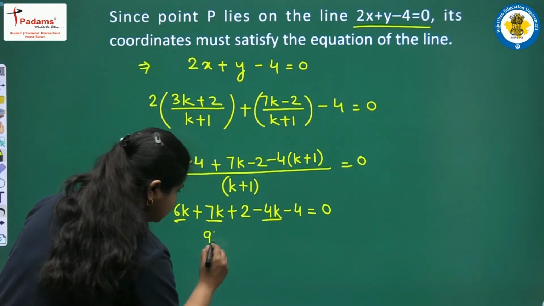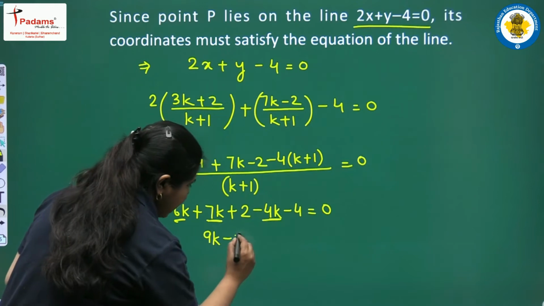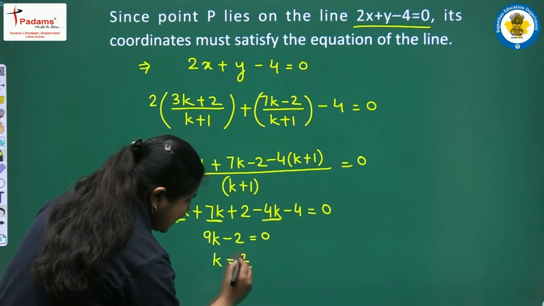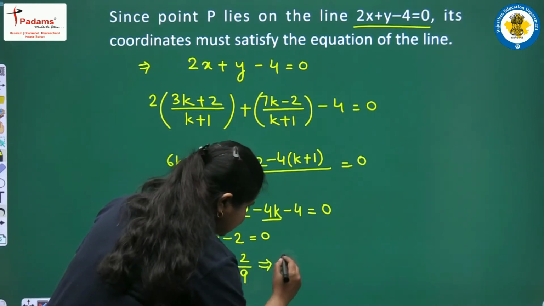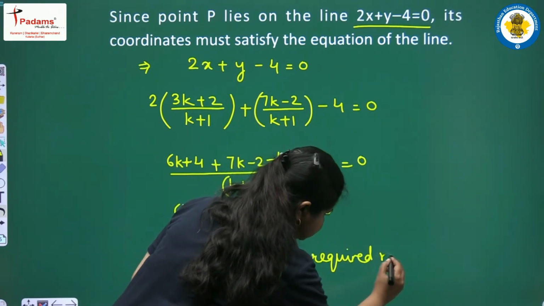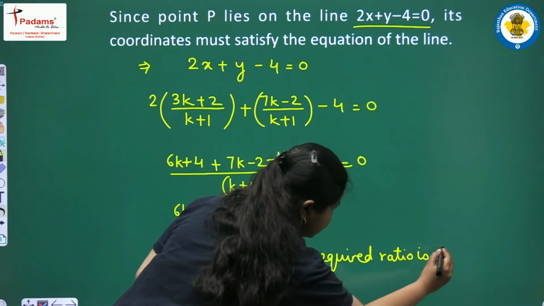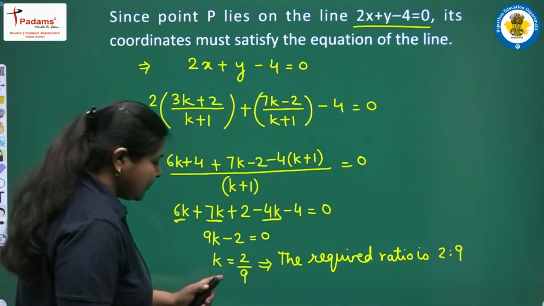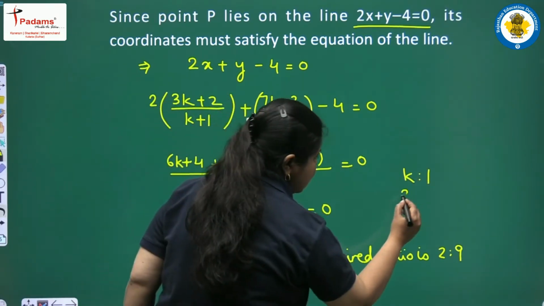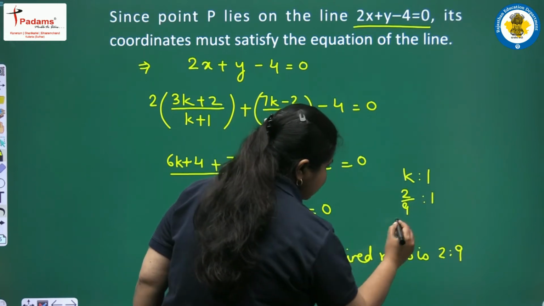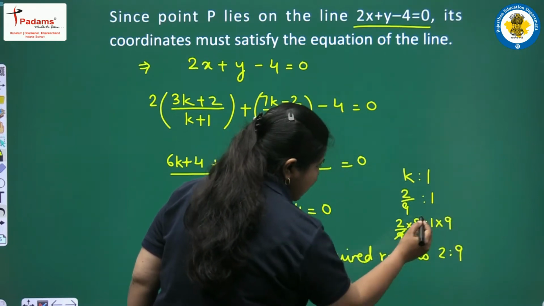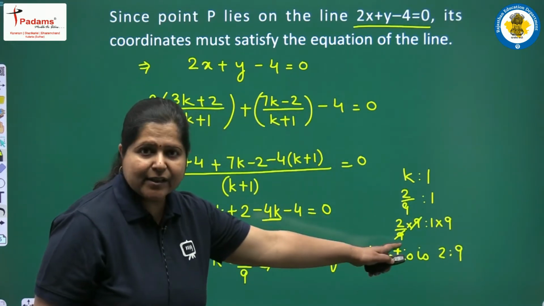So we will have 9k, and 2 minus 4 will be minus 2, equal to 0. This gives us k equal to 2 upon 9, and this implies that the required ratio is 2:9. See, our ratio was k:1, this is what we assumed, and the value of k we are getting is 2/9:1. So if you multiply both sides by 9, you will get the required ratio as 2:9. The 9 and 9 cancel here, 2:9.